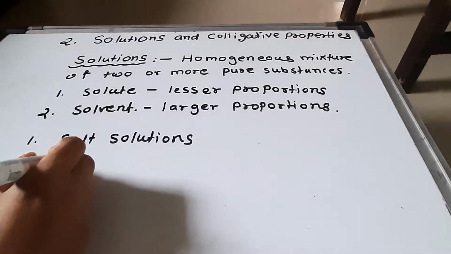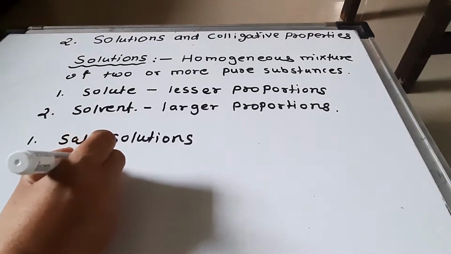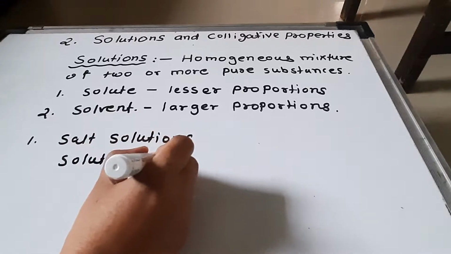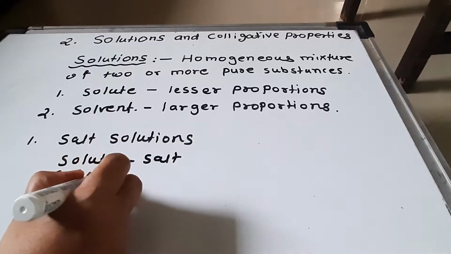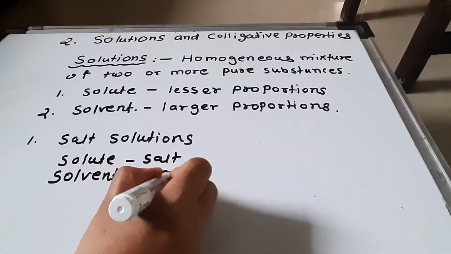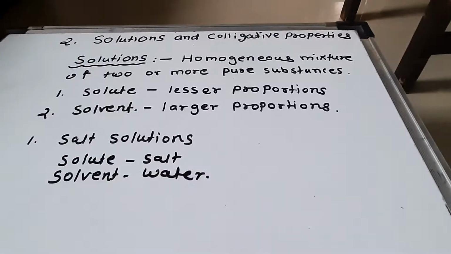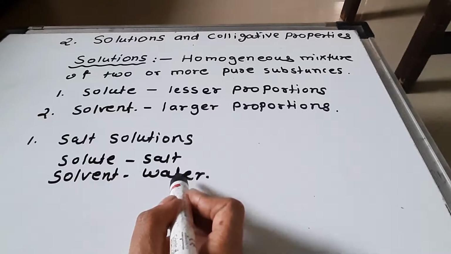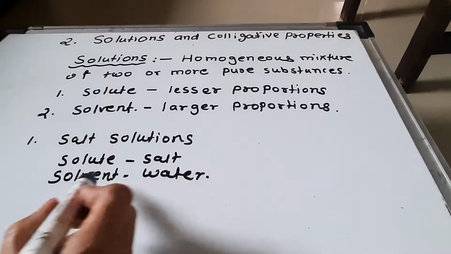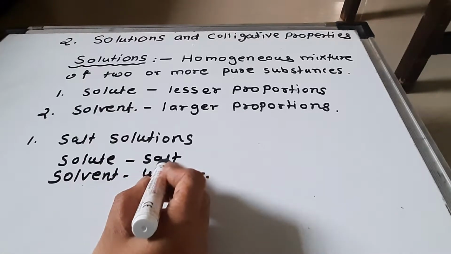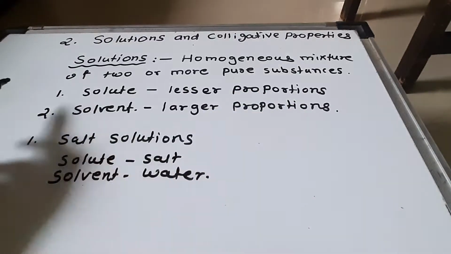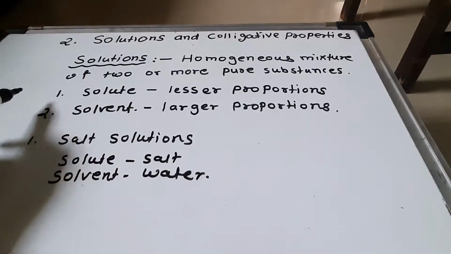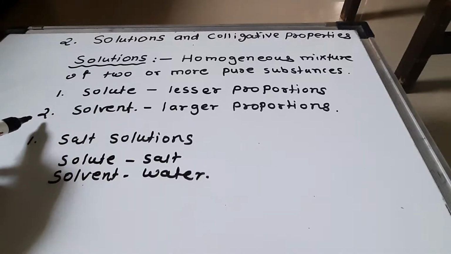So in this case, solute is salt and solvent is water. Water is in a larger extent, so it is a solvent, and solute is in a lesser proportion, so it is a solute. So these are the parts of solutions, solute and solvent.